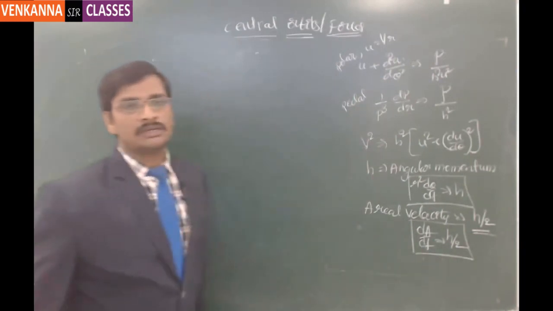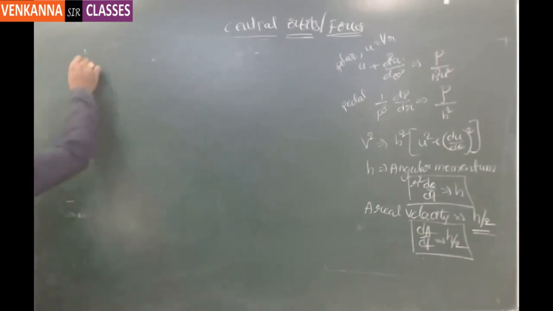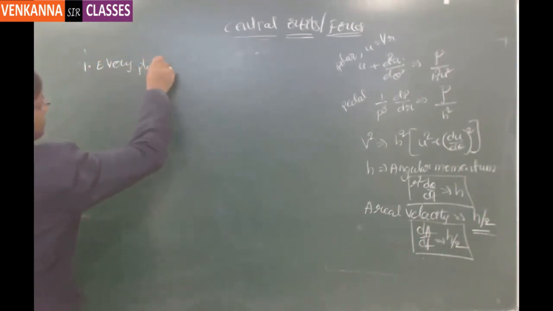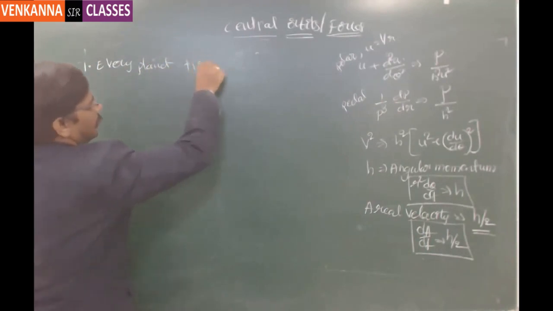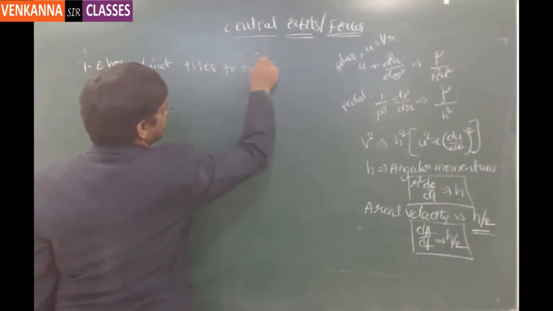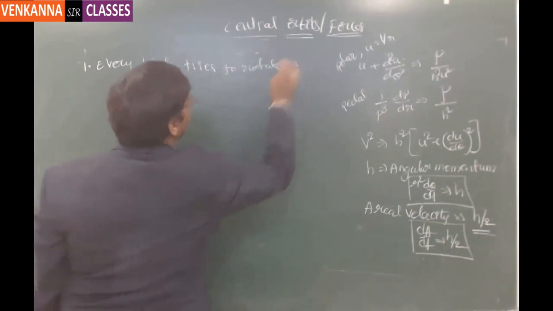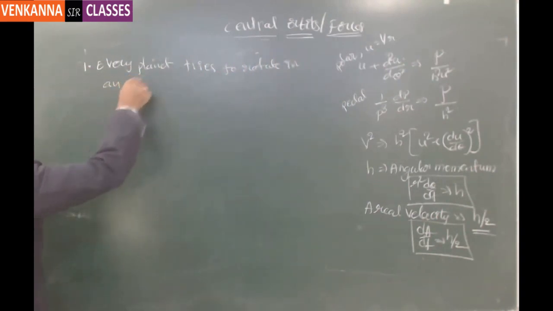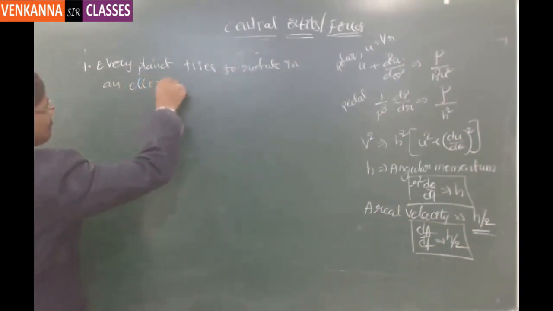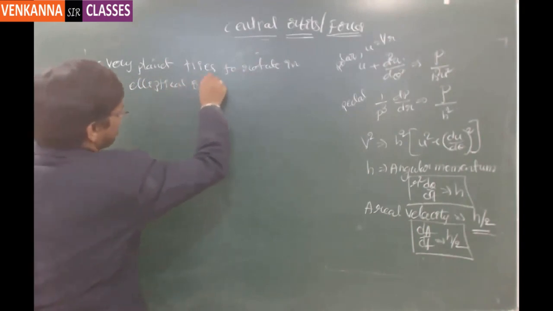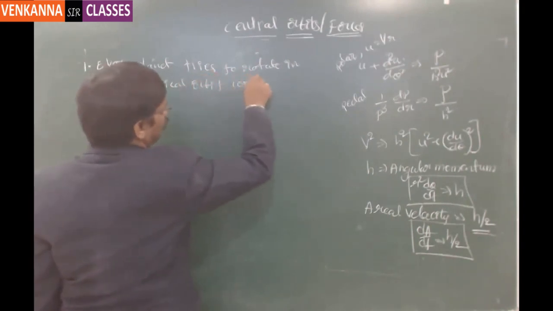And the planets obey Kepler's laws. The first law: every planet rotates in an elliptical orbit with the Sun as one of the foci.